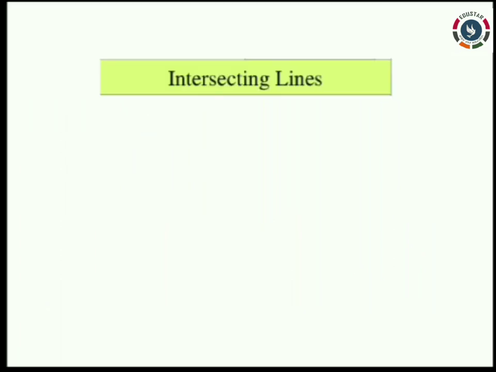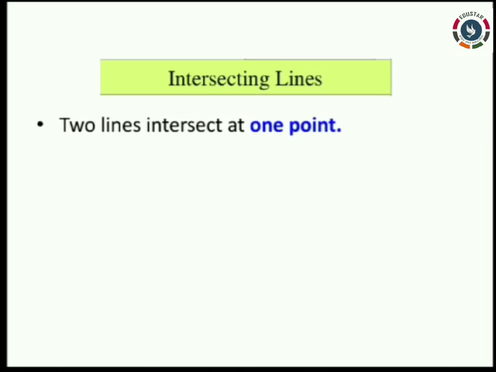Next topic is intersecting lines. Already we have studied about line. A line does not have any endpoints, so you can't measure the length of a line, right? So now what is meant by intersecting lines? If two lines intersect at one point, then those lines are called intersecting lines.